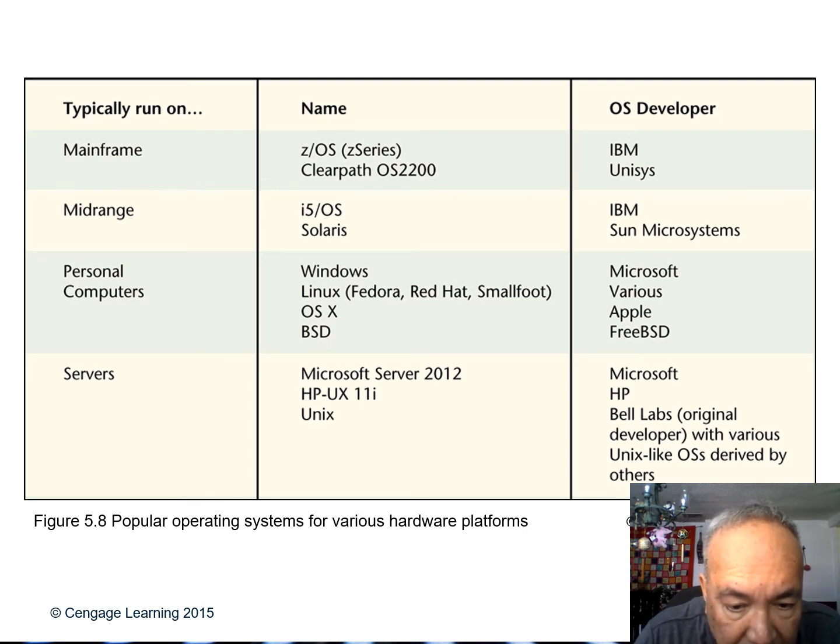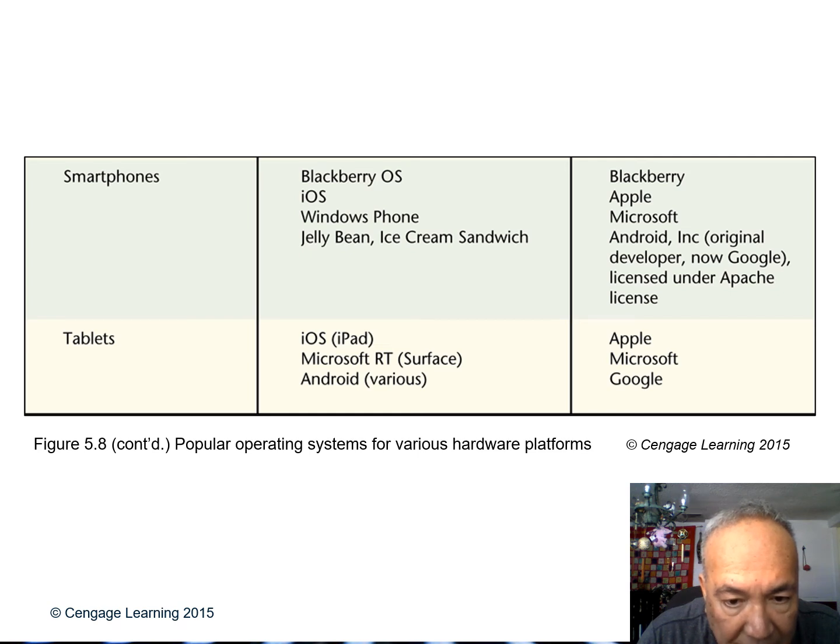So these are the kinds of popular operating systems from various hardware platforms. You have Windows, Mac, and the Microsoft servers, and then the smartphones. For the smartphones, you have BlackBerry, iOS, Windows, and Jelly Bean.